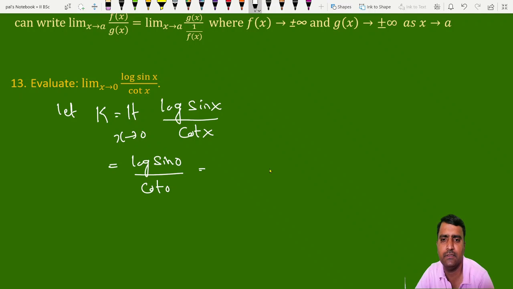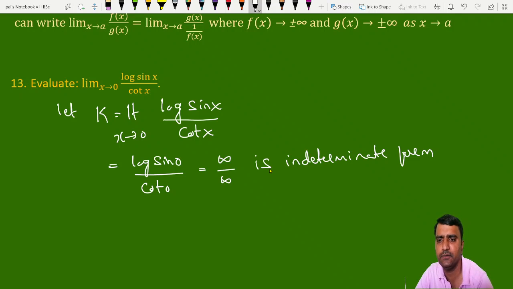Also sin 0 is 0, log 0 is infinity, so it is infinity by infinity, an indeterminate form. When it takes an indeterminate form, as usual you apply the L'Hospital rule. Apply L'Hospital's rule to this one.